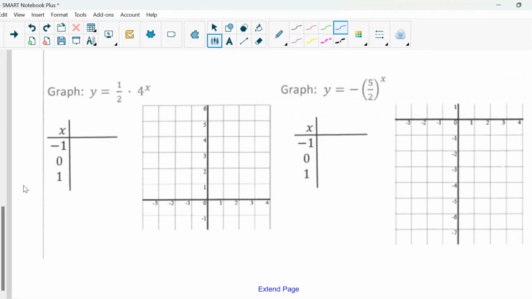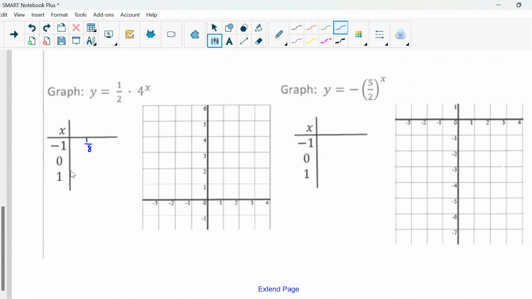All right, so for this last one here, we have y equals 1/2 times 4 to the x power. We just calculated 4 to the x power, so we can just take those values and multiply them by 1/2. At -1, we had 1/4, so 1/4 times 1/2 is going to give us 1/8.